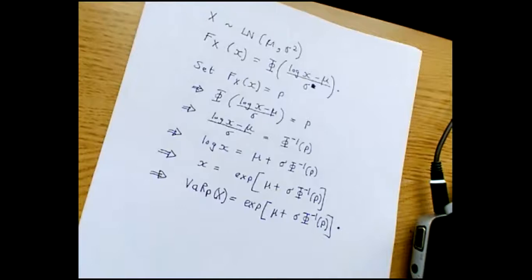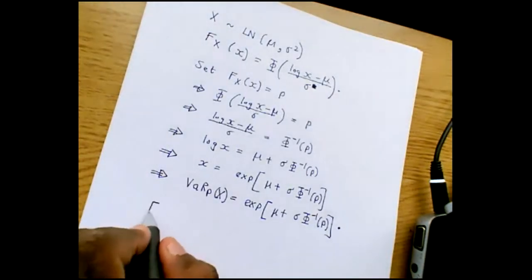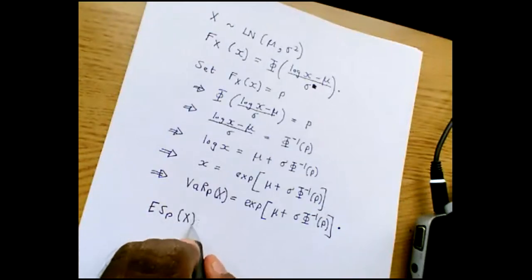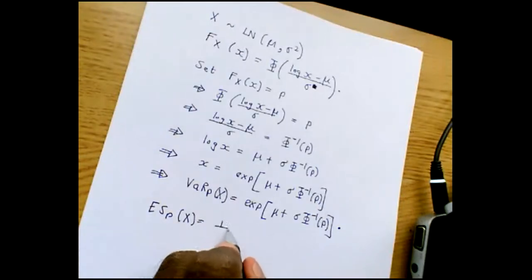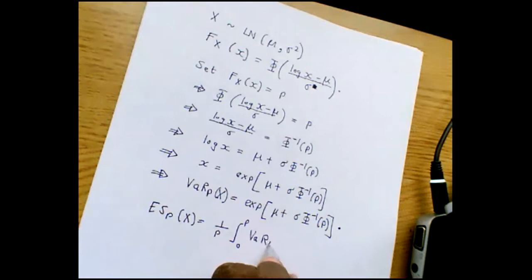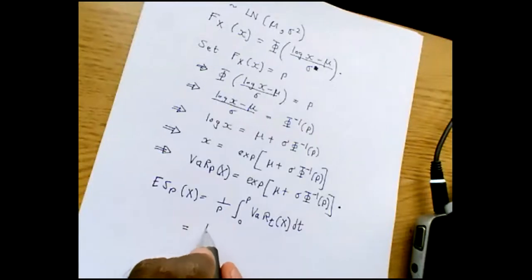So this implies that var, okay. Now to find the expected shortfall, you will use the formula that is given to you. So you substitute it here.